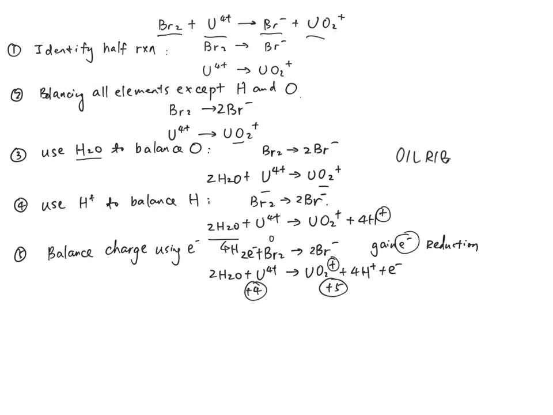And this, of course, is losing electron. So electron on the left side means your reactants are gaining the electron. Electron on the right side means your reactants are losing electron, and losing electron obviously signals an oxidation half reaction.